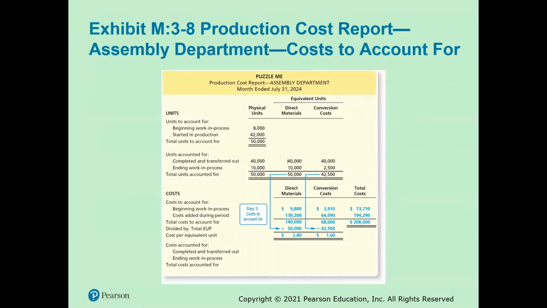Here you see in Exhibit 3-8, it shows the cost per equivalent unit added to the production cost report. There's the production cost report for Puzzle Me, the Assembly Department, month ended July 31st, 2024.